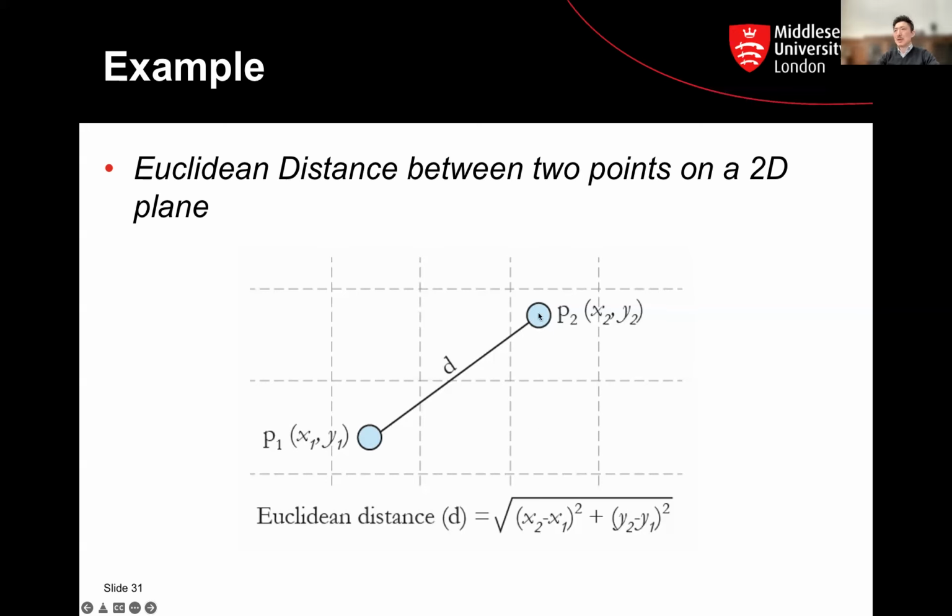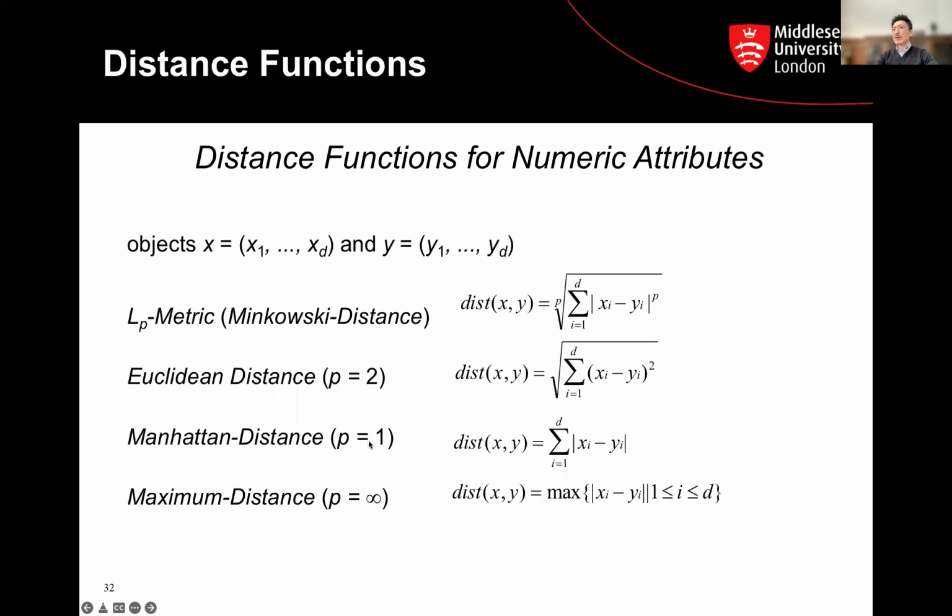The path may have to go along different line segments, depending on the actual roads you can take. That will be the distance between home and university, so that is essentially a different distance metric. These are some examples, and they might look a little bit abstract.